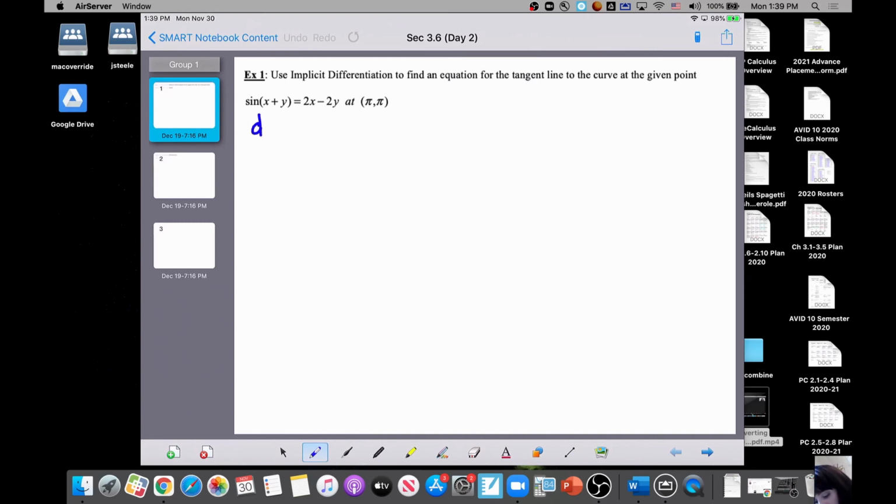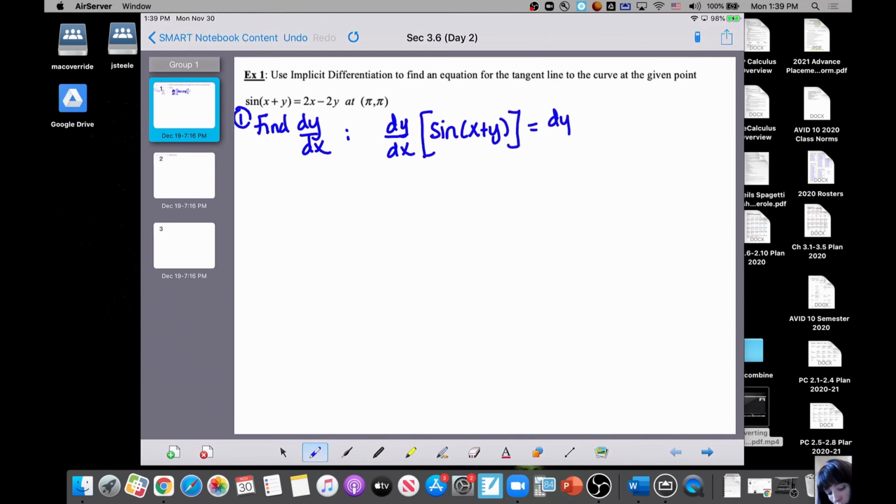So step 1 here, I am going to find dy/dx, which means that I am going to take the derivative with respect to x of the left side and the derivative with respect to x of the right side.